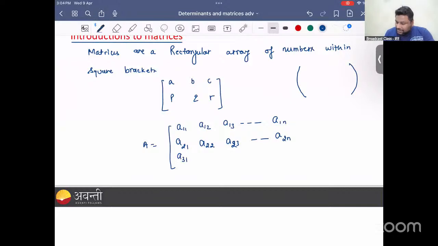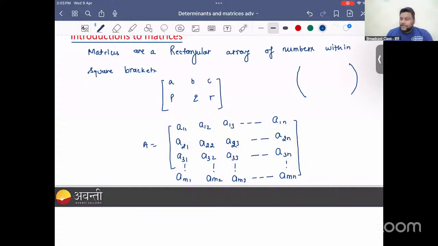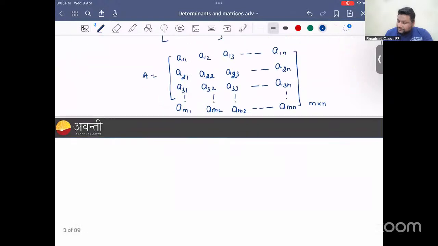Then it is A31, A32, A33, and so on, A3n. And in this way, it is AM1, AM2, AM3, and so on, AMN. All right. So this is what we call a matrix of order M cross N.